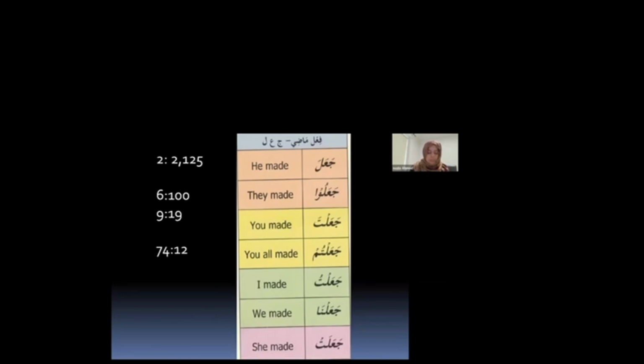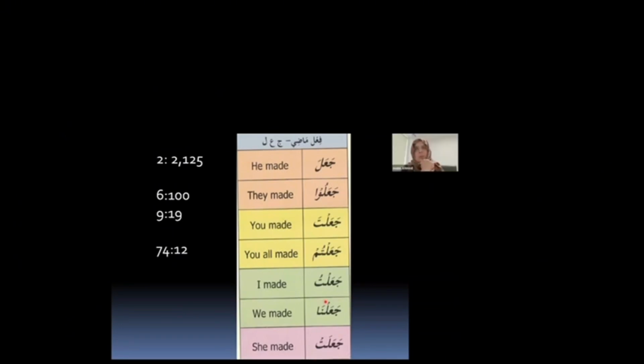Ayah number 125. جعلنا. Ja'alna, here we go. This one, we made. Okay, Surah number 6, ayah number 100. جعلوا. Ja'alu. Surah number 9, ayah number 19. Ja'altum.